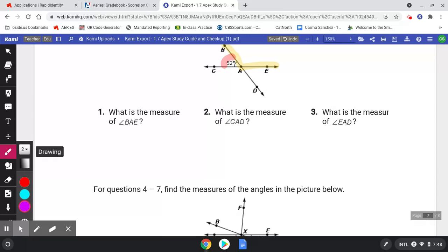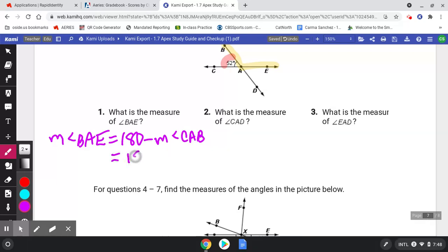So here's the actual work we would show: the measure of angle BAE is equal to 180 degrees minus the measure of angle CAB. So this is the actual equation we write out, where CAB we know is 52. And then 180 minus 52 is 128 degrees.